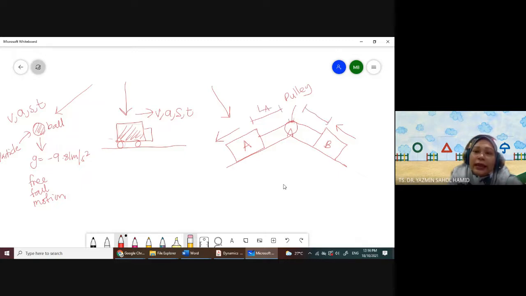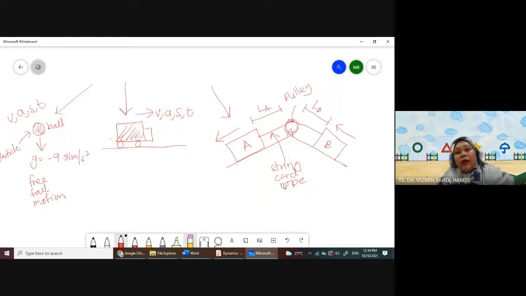This is length A, this is length B. This one you call string, cord, string, cord. What else do you call it? Rope, for example. And this is the pulley that is making it move. Okay, all right. So this is another type of question.